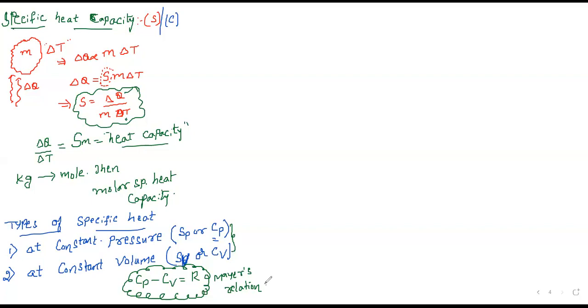Cp is the specific heat at constant pressure. Cv is the specific heat at constant volume. All these units are represented with joule per kg per Kelvin. So this is about specific heat capacity.